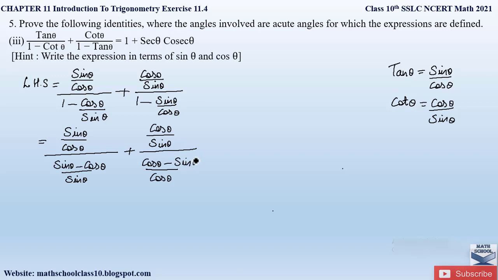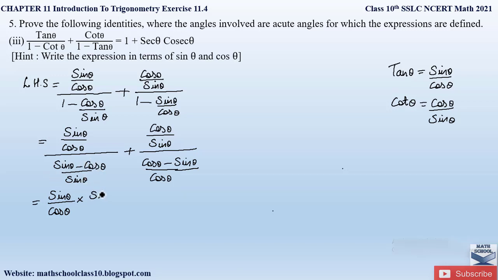Now let us convert this division into multiplication by reciprocaling the denominator. Right, so this we have also done previously. So sine theta by cos theta, the numerator remains as it is, and when we convert into multiplication, the reciprocal of the denominator will happen.